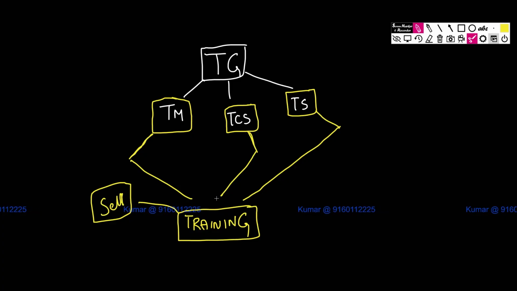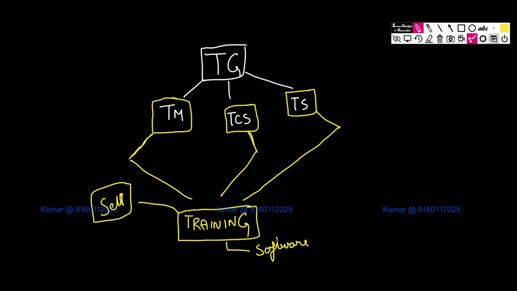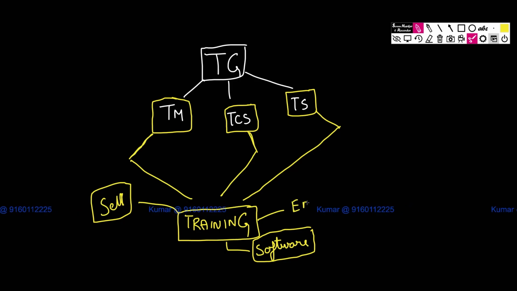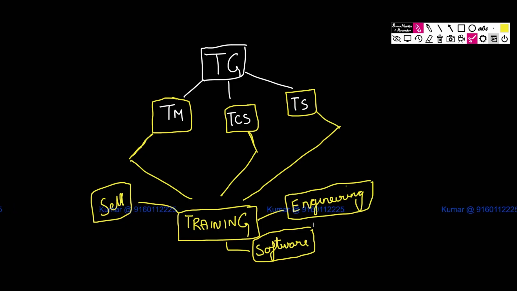TCS provides services, so they might give software training on how to use the software built in TCS. Tata Steel might give machine training, like engineering training. The training terms are different, but if we see these three, they all come under training only.